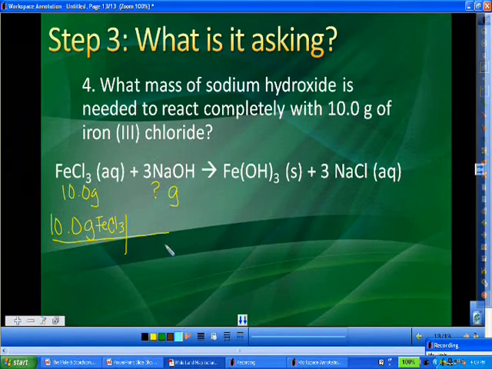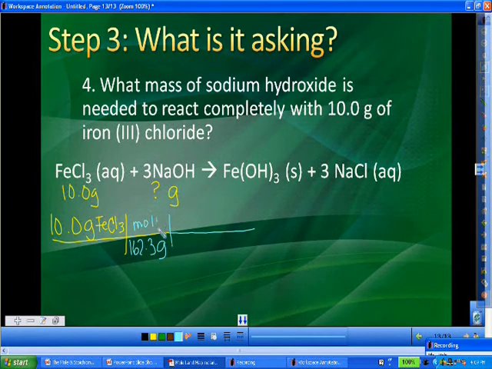So molar mass is something that we have learned before. You are finding the total mass of the compound by multiplying the number of atoms we have of each element by its atomic mass. So iron 3 chloride has an atomic mass that you can calculate of 162.3 grams per mole.